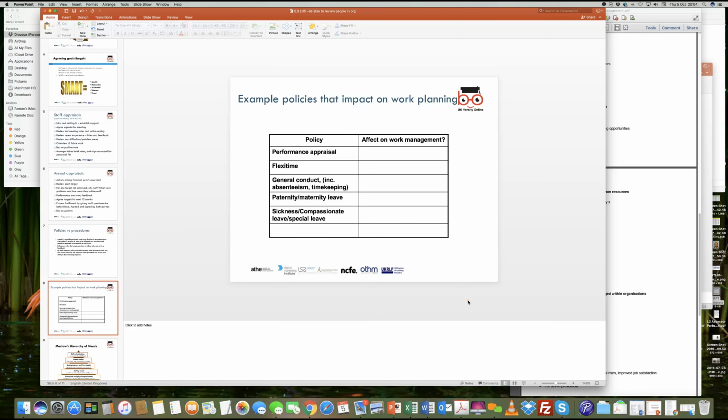You call them performance appraisals because they're happening for management or people in a managerial position. And in some cases, you will also call them employee appraisals, because they happen one-on-one between the line manager and the staff member, rather than with the head of the department or the whole organization.